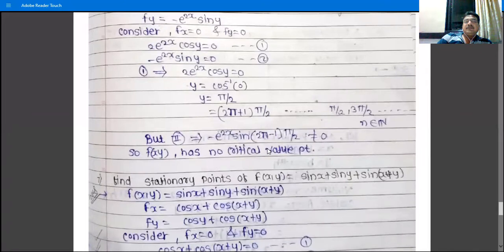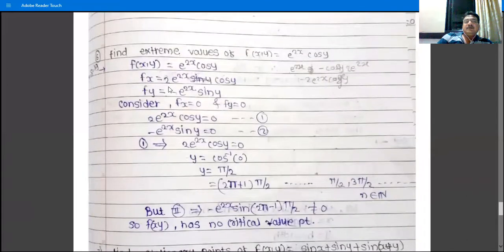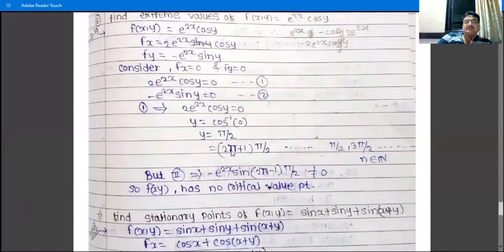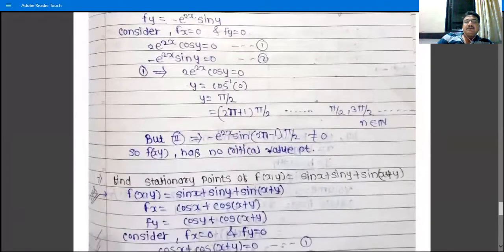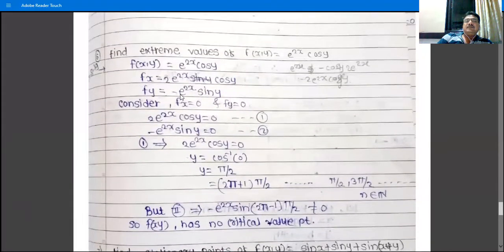But e raised to 2x is not equal to 0 and sine pi by 2 is not equal to 0, and therefore we do not get a value of x from this, and therefore the function has no critical point.